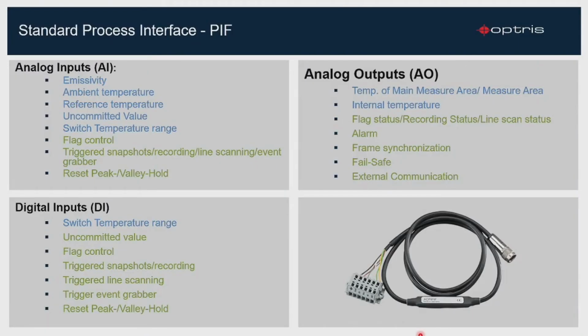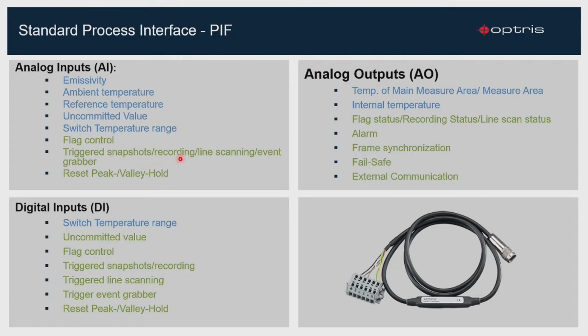What possibilities do we have for input and output signals? You can use the process interface to forward temperature information and to change temperature information values, and you can also use it for signal processing values. For the analog input channel, you can change emissivity values and you can also trigger external snapshots and recordings.